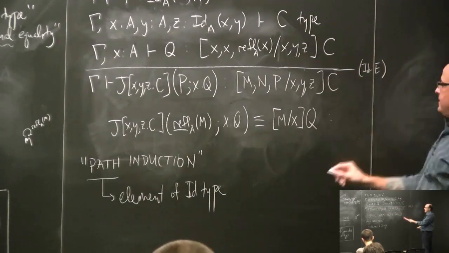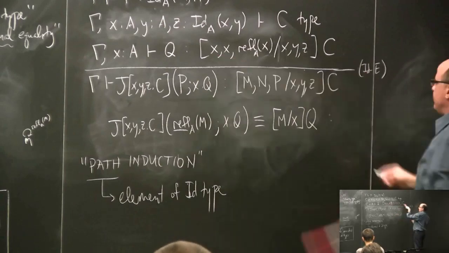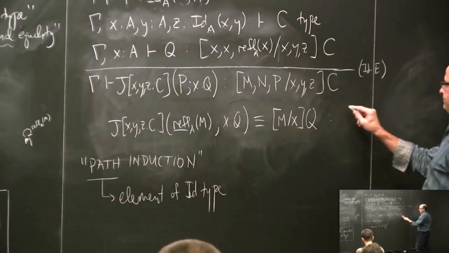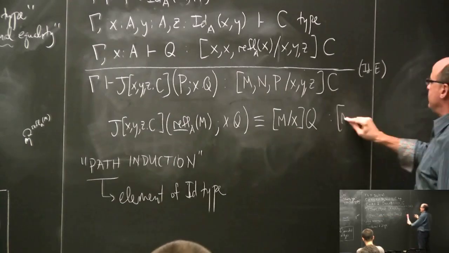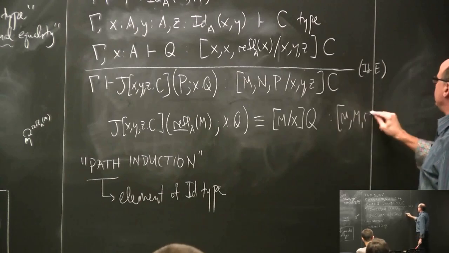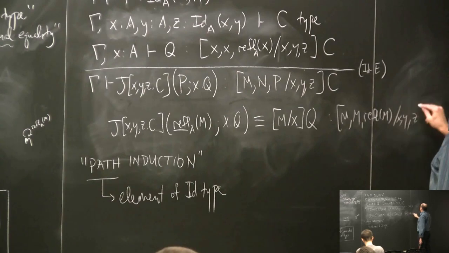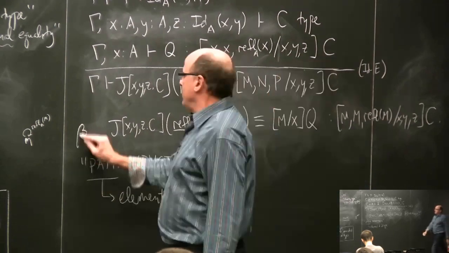And if you check everything, you will see that this has type, by reading it off here, the right-hand side and therefore the left-hand side will have this type. It'll be, I'm writing like this, M REFL of M for XYZ in C. So that's the beta-like principle for this thing.